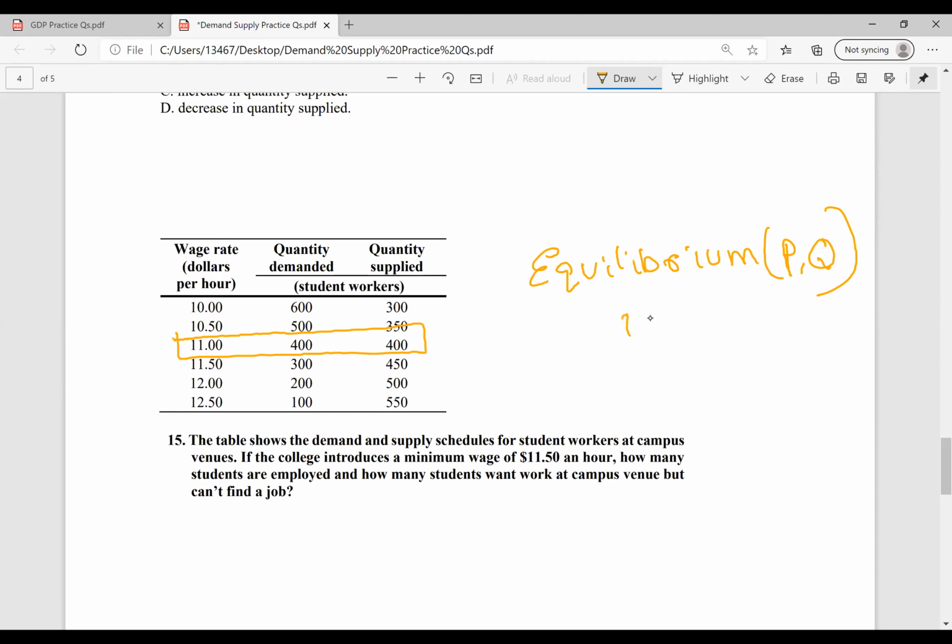This one, price is equal to $11. Quantity demanded is equal to quantity supplied, which is 400 units.